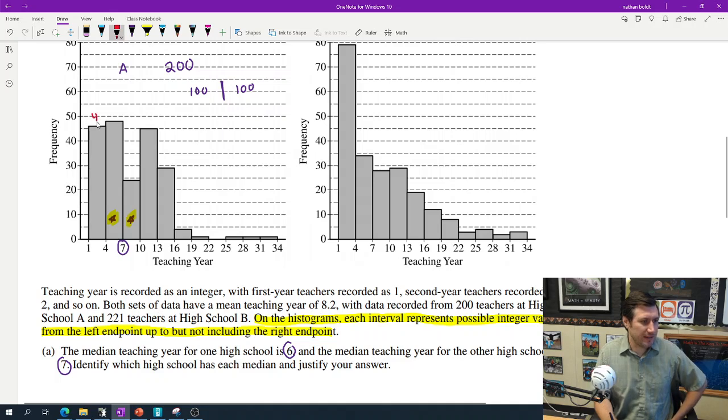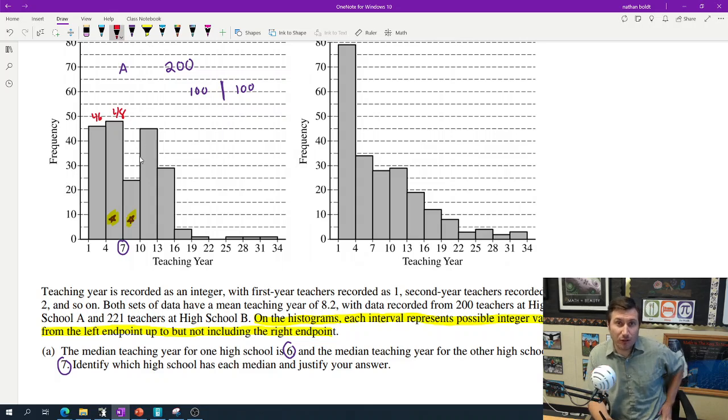We've got 46 right here, and then roughly maybe 48 right here. Mostly they're just really close to 50, but below 50. So the 100th and the 101st are in this bin right here, most definitely. That's like 24-ish? So we are most definitely in this bin between 7 and 10. So therefore, the only possibility for this histogram is that the median is 7.